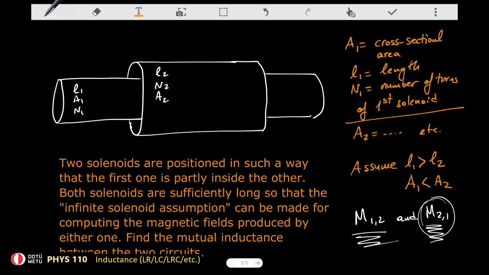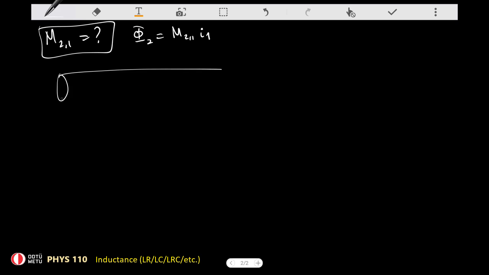Finally, I'll compare these two. So let's find M21. Let's remember that this is the coefficient that appears when I express the flux in the second circuit in terms of the current in the first one. So I'm going to assume that there's a current in here.